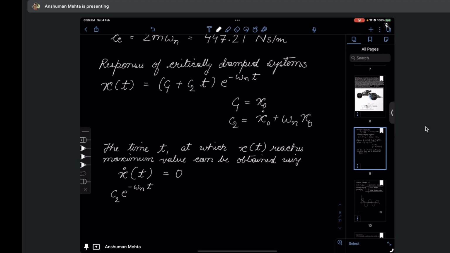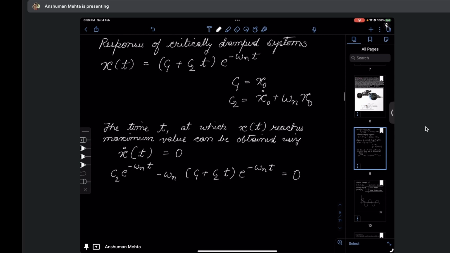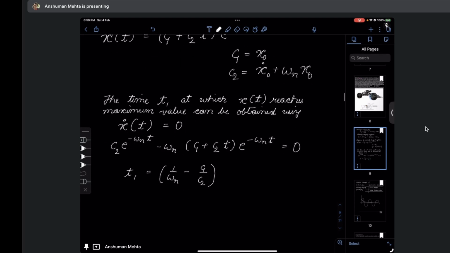Now x dot (t) is c2 e to the minus omega n t minus omega n times (c1 plus c2 t), and this should be equal to 0, which will give us t1 as 1 by omega n minus c1 by c2.